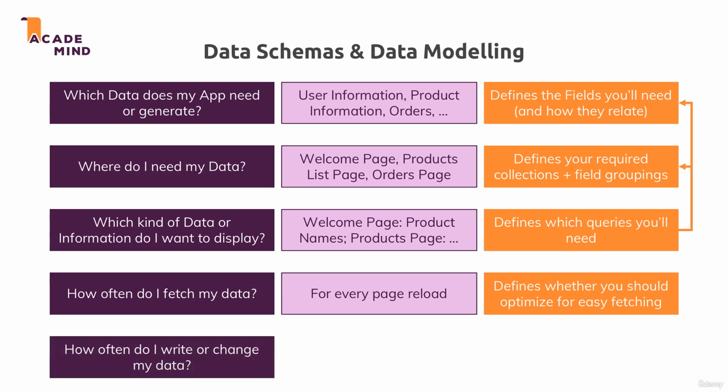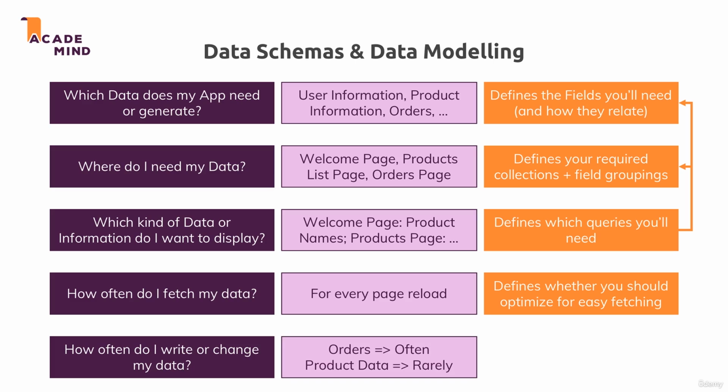Or do you often write and change your data? If you have an application where your data gets changed a lot, or parts of your data get changed a lot, you want to ensure that these parts of the data that do get changed a lot, let's say we have a lot of orders, but the product metadata doesn't change that often, you want to make sure that your orders are not unnecessarily duplicated across collections, but that you have one collection with your orders where you can write new orders to.